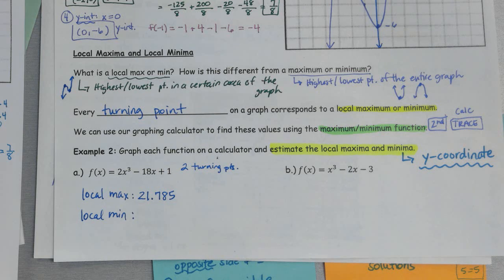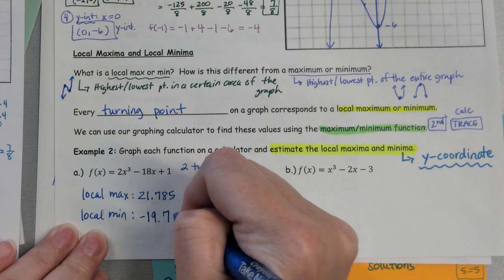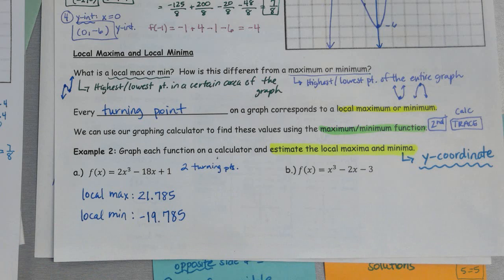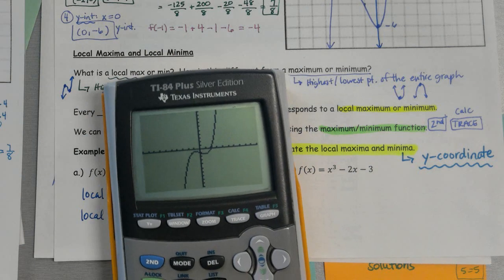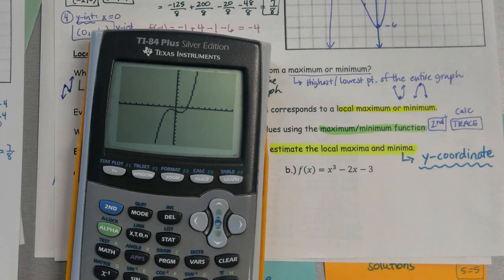Alright, so for part A, Dylan, what did you get for the local minimum? Yep, and then I kept it to the 3 decimal places. It's just 785. Okay. And then, for part B, it is a little less curvy, but you still have these 2 turning points.